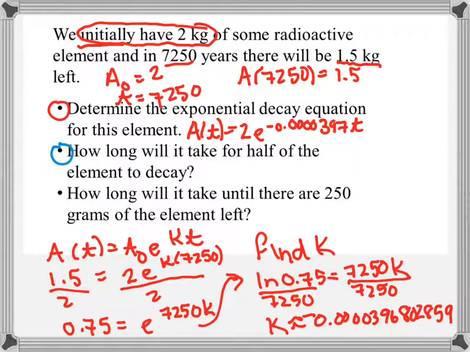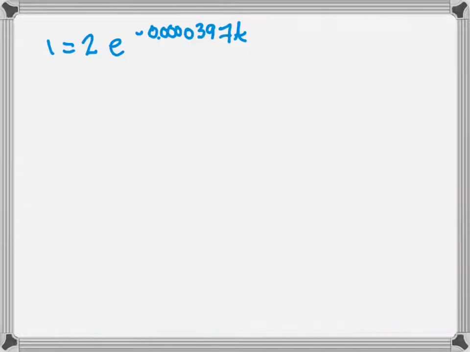Okay, so next we'll look in blue at how long will it take for half of the element to decay. So half. So A of t will eventually be 1 kilogram since we started with 2 kilograms. Looking at that in blue on the next slide and substituting into our function, 1 equals 2 times e to the negative 0.0000397 t.